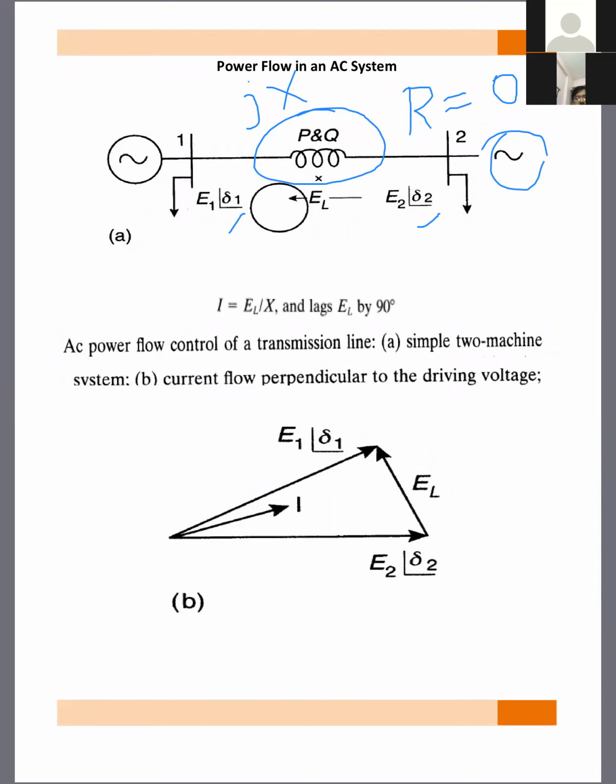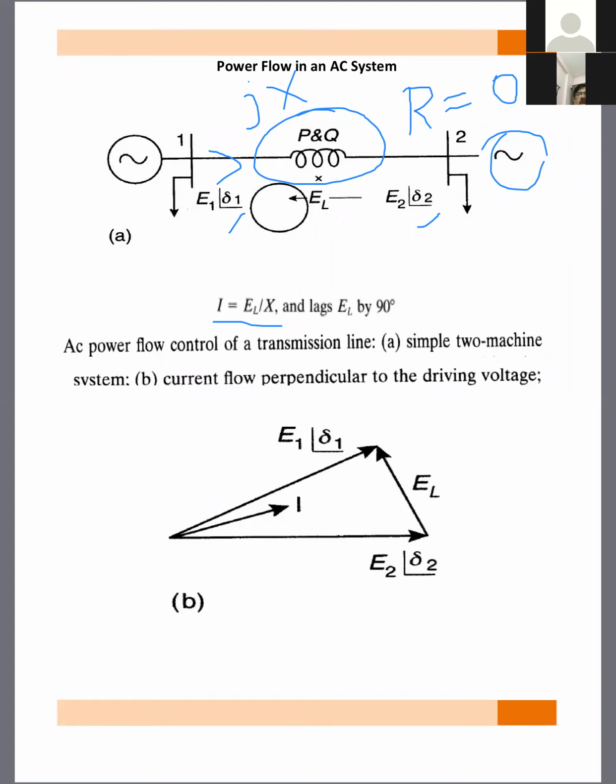If you see the current flow in the line, I is equal to the difference of these voltages, E1 minus E2, divided by X. The potential difference divided by the impedance gives rise to the current flowing through the transmission system.